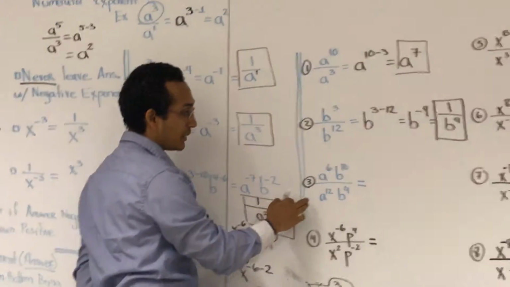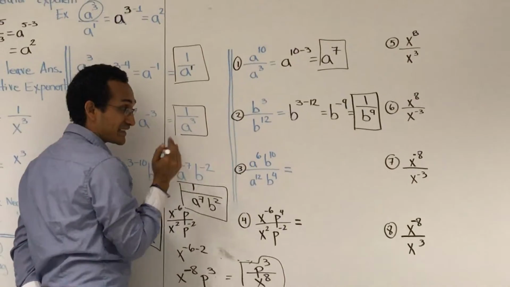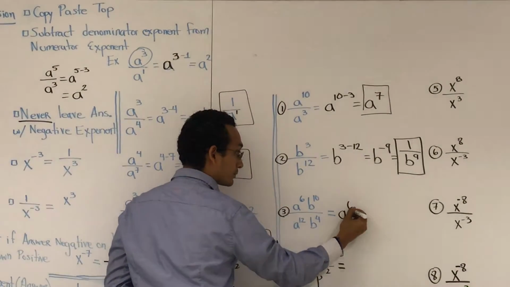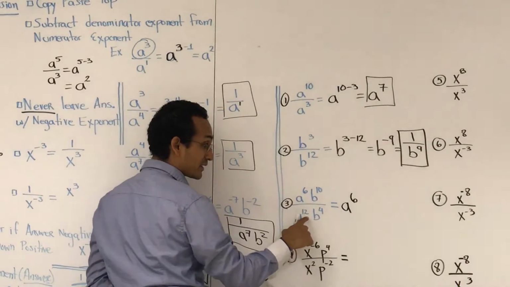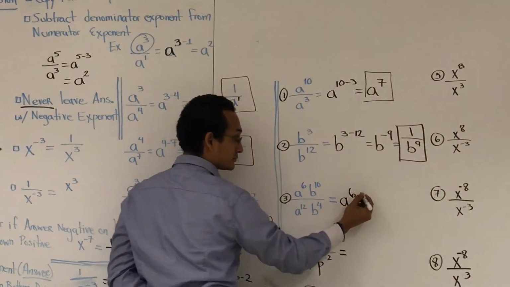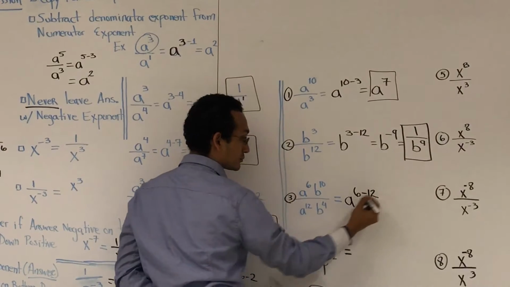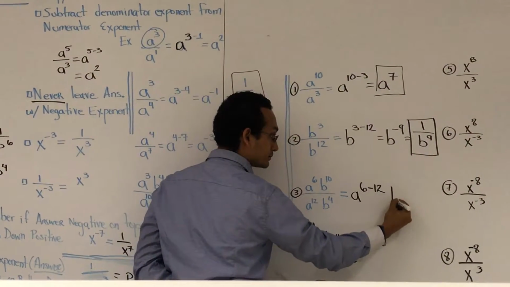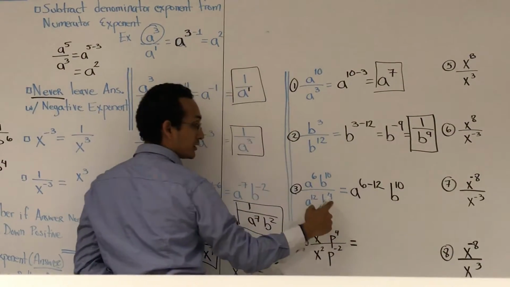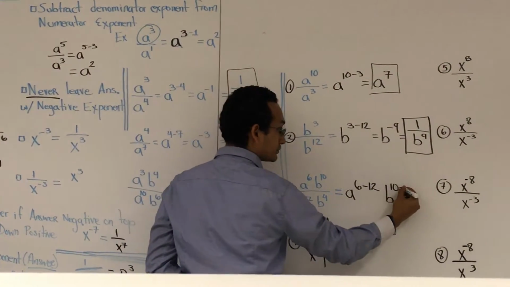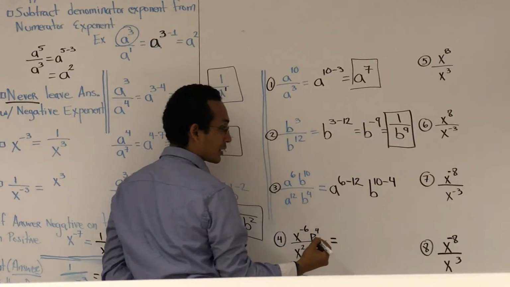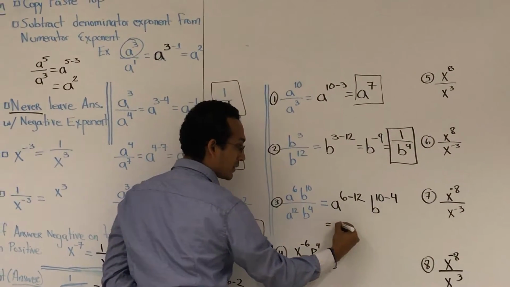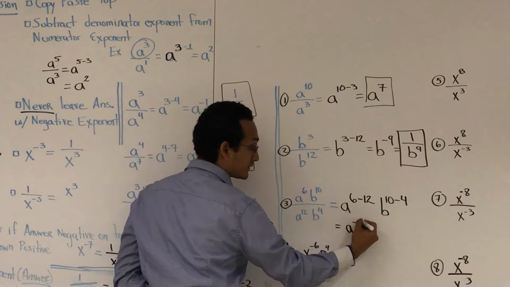Okay? How about number 3? Same concept. Copy paste the top. Subtract the denominator. The B now. Copy paste the top, 10. Subtract the denominator. What happens now? 6 minus 12 is negative 6.